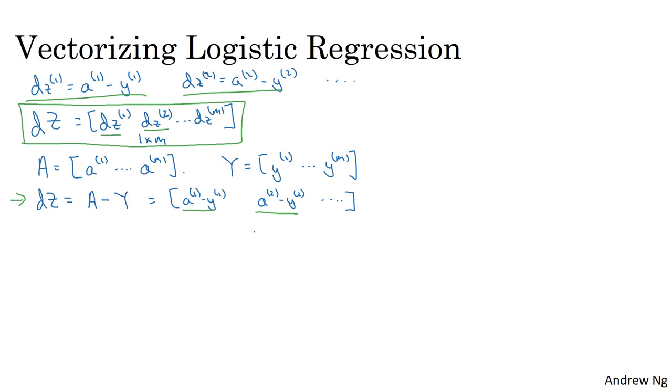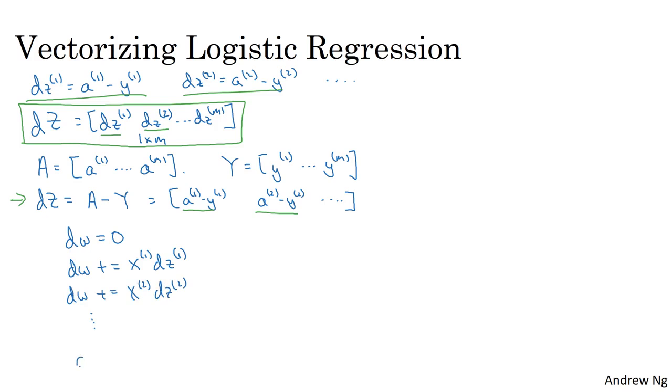Now, in the previous implementation, we've gotten rid of one for loop already, but we still had this second for loop over training examples. So we initialized dw to a vector of zeros, but then we still had to loop over training examples, where we have dw plus equals x1 times dz1 for the first training example, dw plus equals x2 times dz2, and so on.